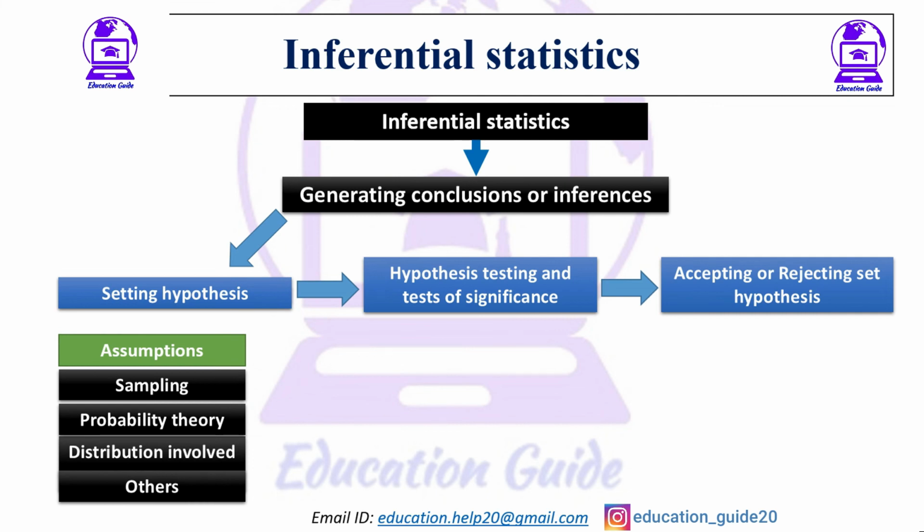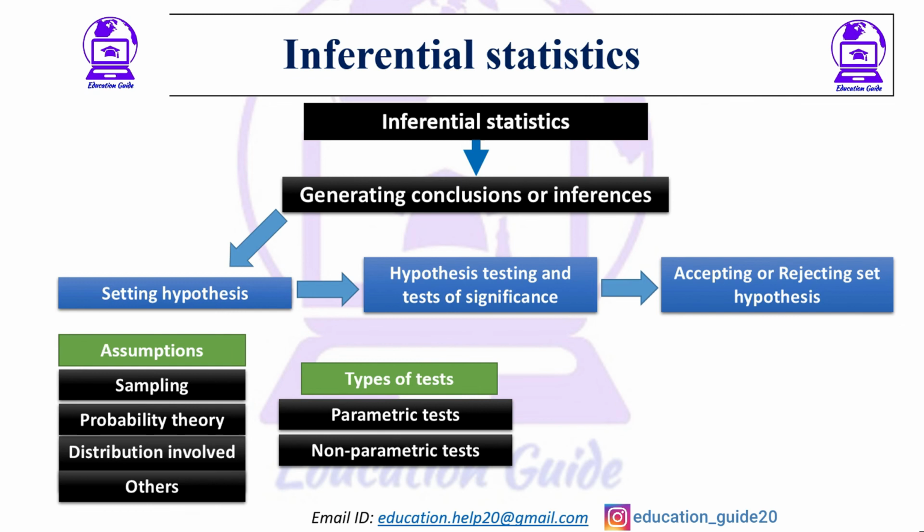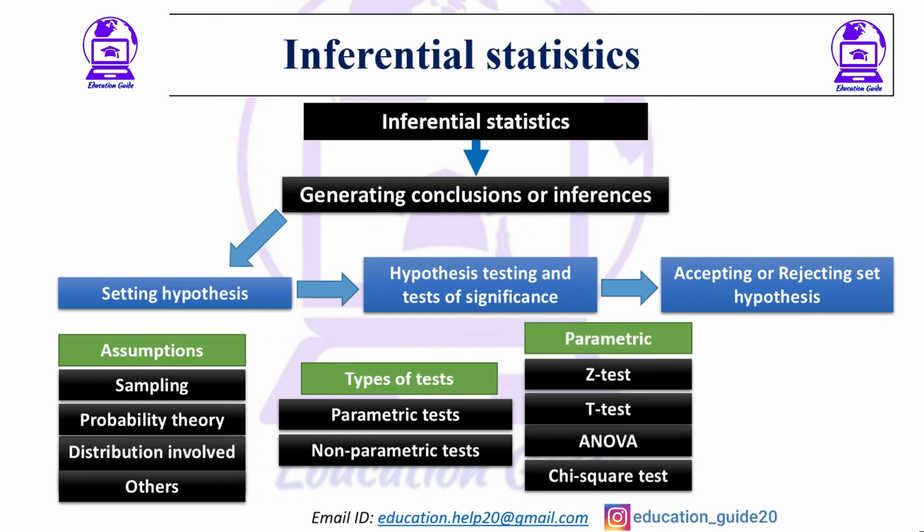Different assumptions are regularly made for arriving at meaningful results at the end of a statistical test. These assumptions are mainly related to the sampling process, underlying probability theory, underlying distribution, and other aspects. Based on these assumptions, a statistical test may be a parametric test or a non-parametric test.